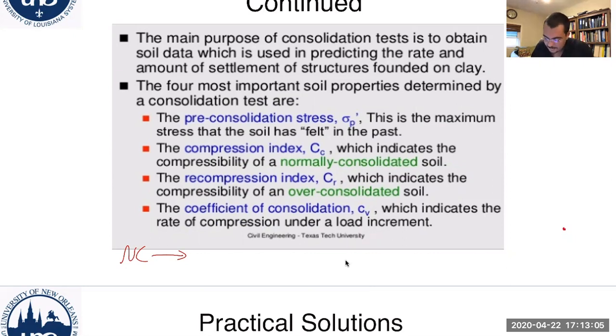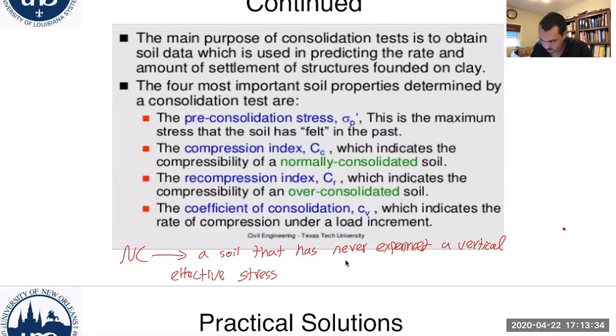You have to understand or memorize this definition, it's simple.